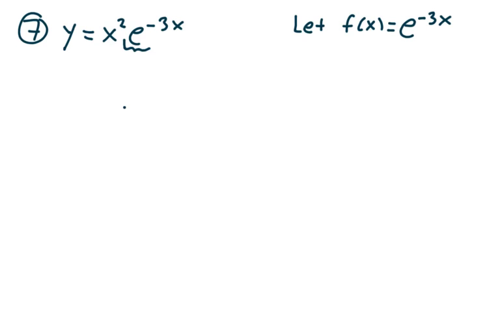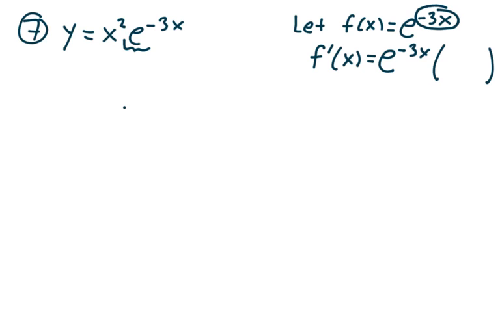Now, if I want f prime of x, I'm going to get e to the negative 3x, and I'm going to multiply by the derivative of negative 3x with respect to x. So in other words, I'm going to multiply by negative 3. And so this can be written as negative 3e to the negative 3x.